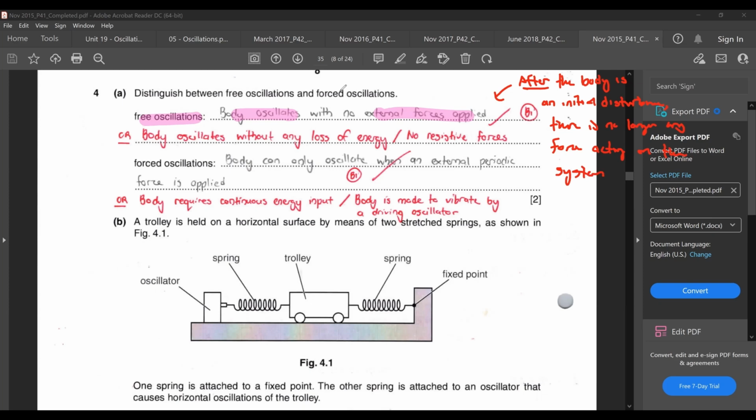Okay, so that's why we can say body oscillates with no external forces applied. When you apply your initial disturbance, there is force, but once you release it, there's no more force. And it's at that point your object starts to oscillate.